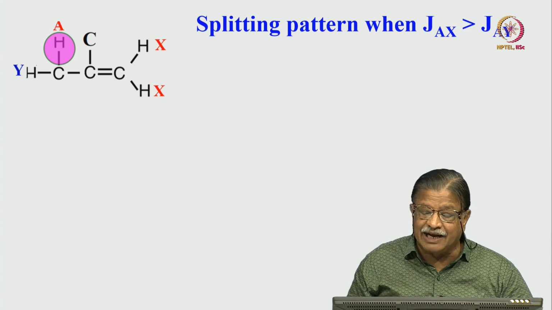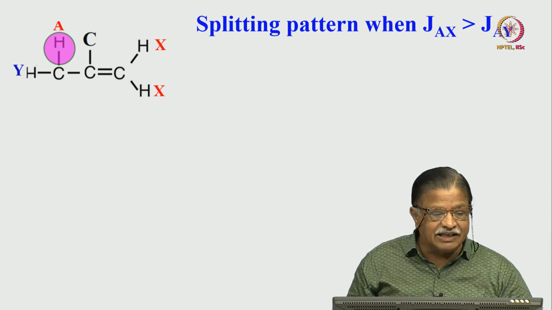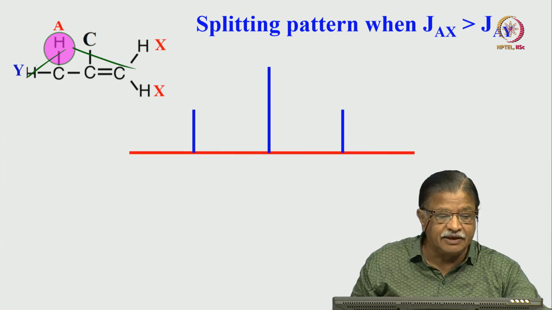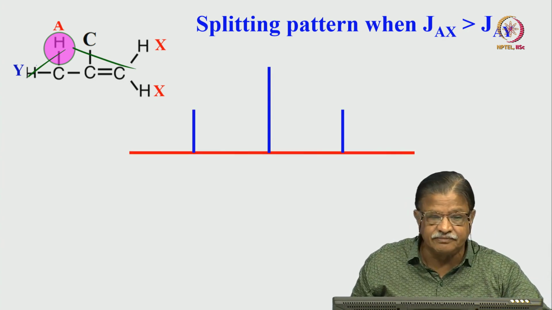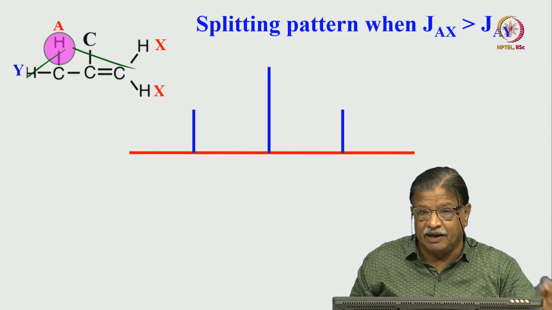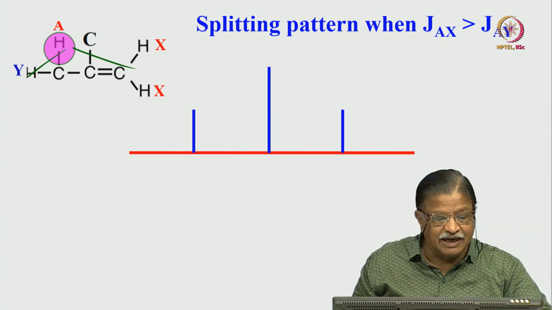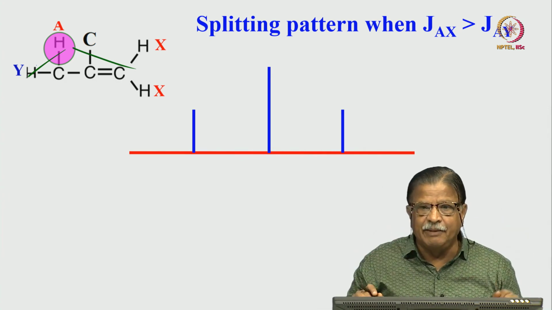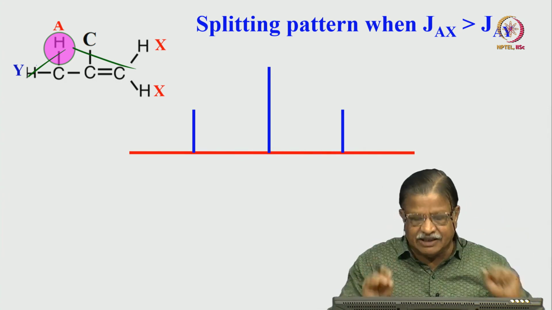So, now I will consider a situation where JAX is larger than JAY. I am looking at A now. Remember, earlier I was considering a different situation, where AY was larger than AX. Now, a hypothetical example, I am taking AX larger than AY.